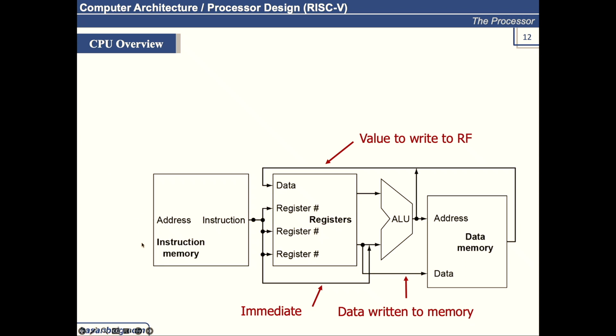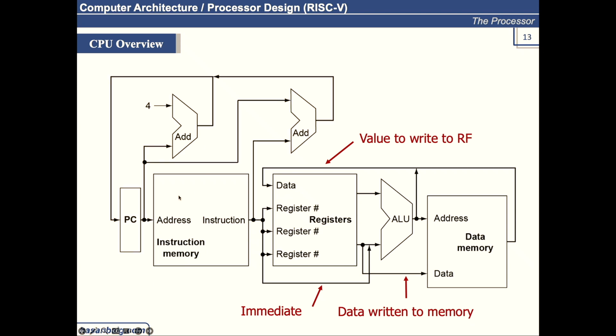And what about this one? How do we increment the program counter? As I mentioned, we will be using some components like a simple adder, which will help us increment the program counter. The program counter contains the address of the next instruction to be executed.